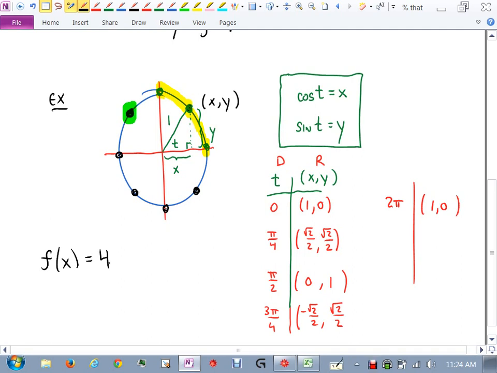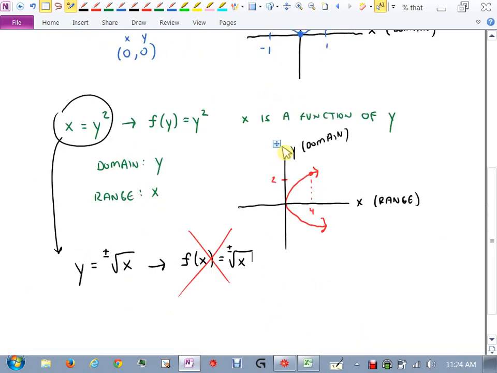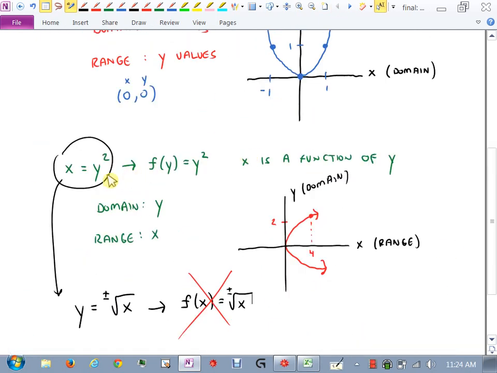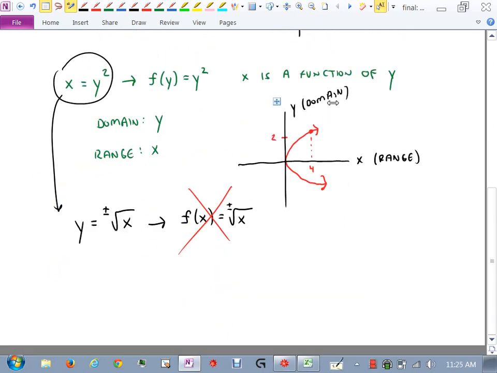And the problem we had here was that if you try and say x is your input, then if you say 16, then where does that go to? Well, it comes from 4 or negative 4. So it's one input, 2 outputs. So you can't say it that way. Here it's not going to matter.